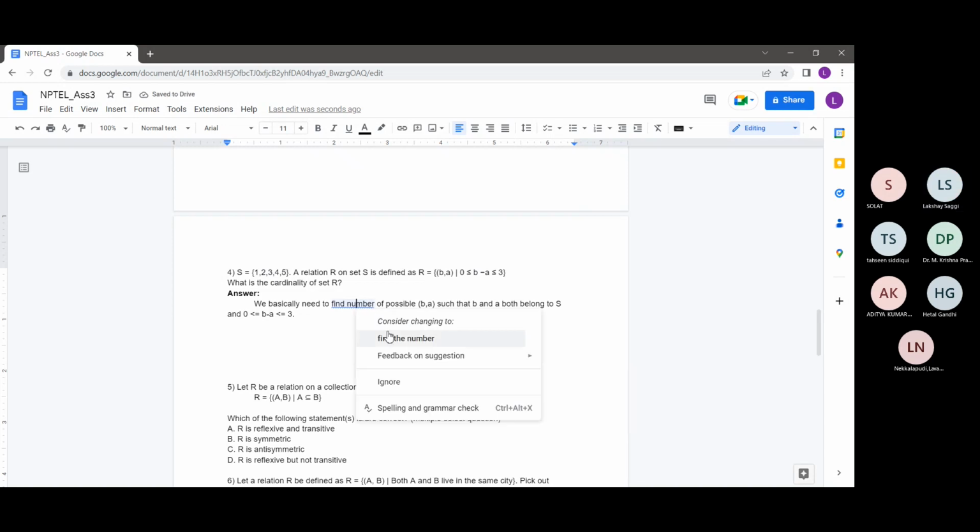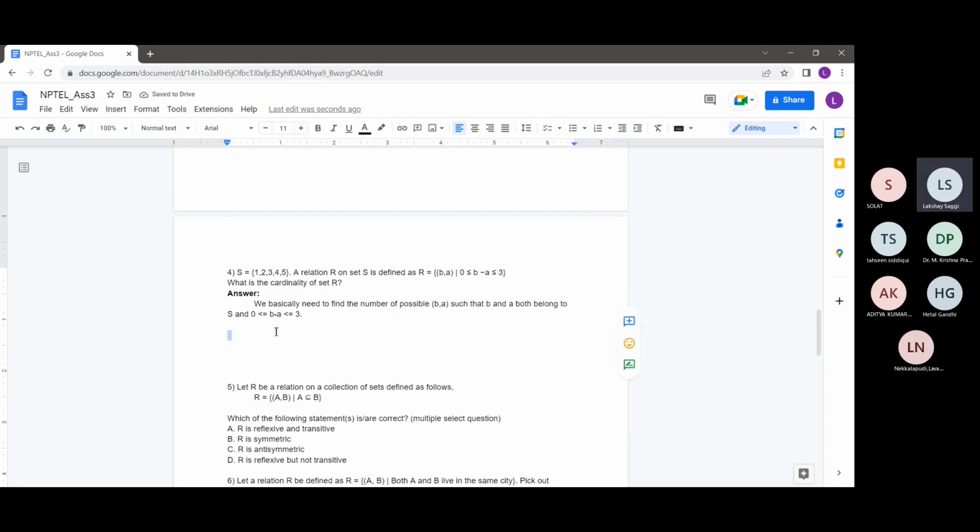Just to see how we can do it, there are 5 values in set S. So the naive approach, or let's say the brute force approach: since the size of set S is 5, the size of the set S cross S, as we had discussed earlier, would be 5 squared, which is 25.